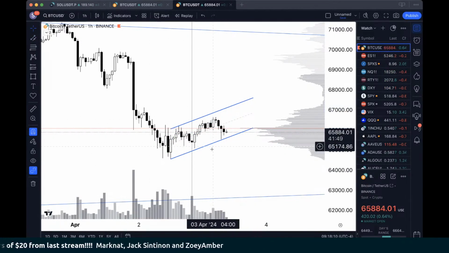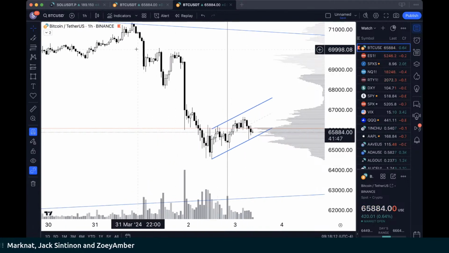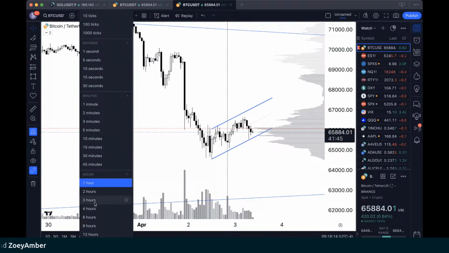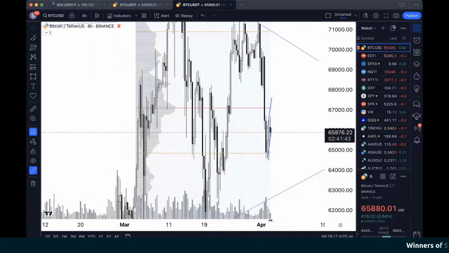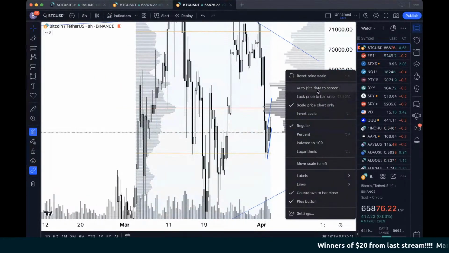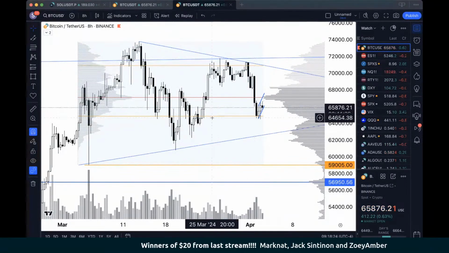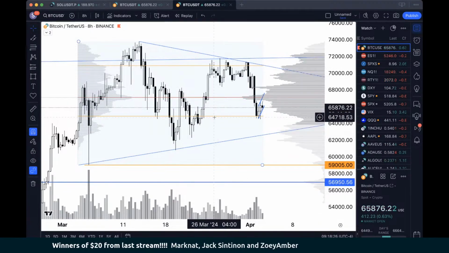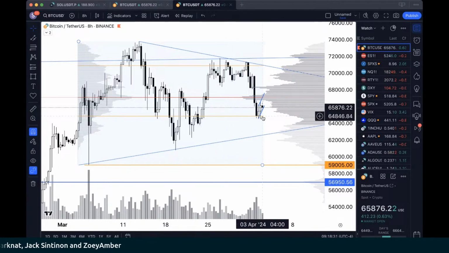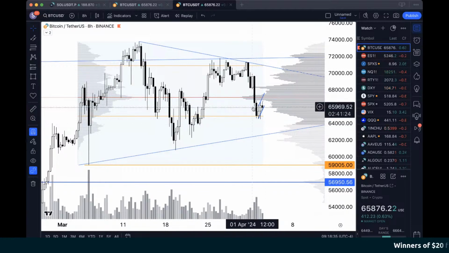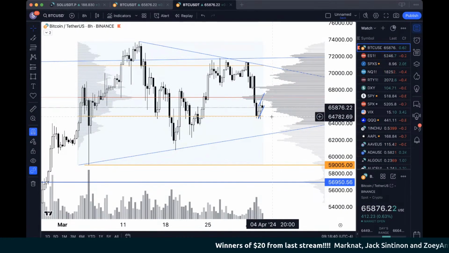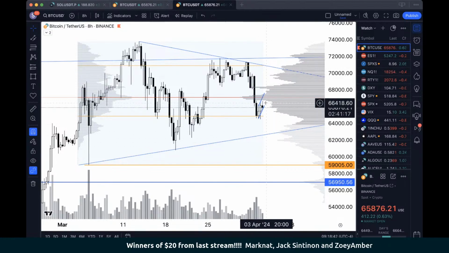So low time frame, high time frame. And that's basically it. Until we go below this 64.8 and accept below it, I can see a significant likelihood that we go up before we go down. But when I go into the low time frame, I just don't trust it.